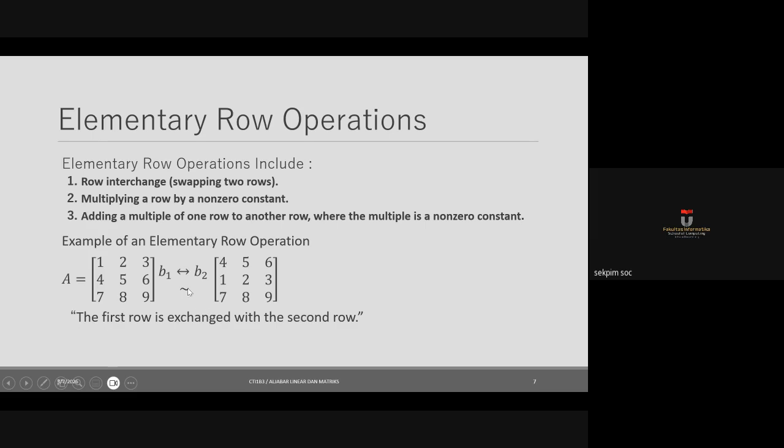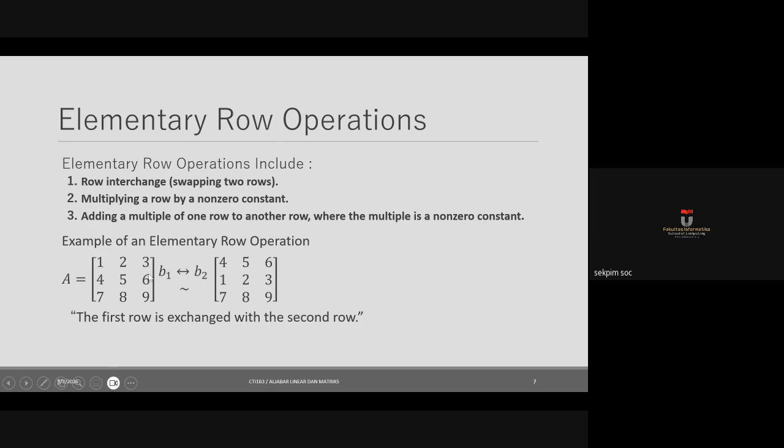So this notation B1 interchange to B2 means that in matrix A, you interchange all the entries in row 1 with all the entries in row 2, right? So you change the places: 1 interchanges with 4, 2 interchanges with 5, and so forth, 3 and 6.